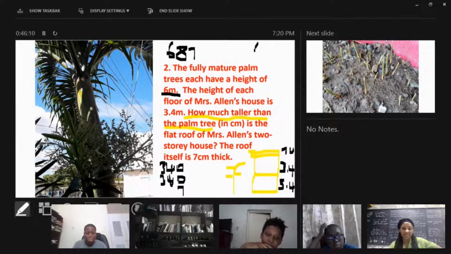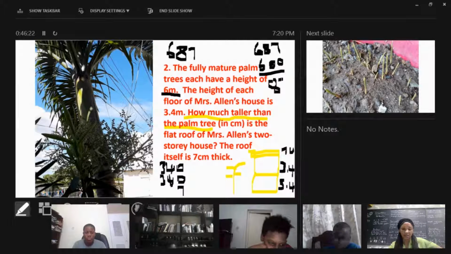So we just need to take that 600 from the 687. So the difference in height is 87 centimeters. Okay, I got the same thing. That's the difference in height.